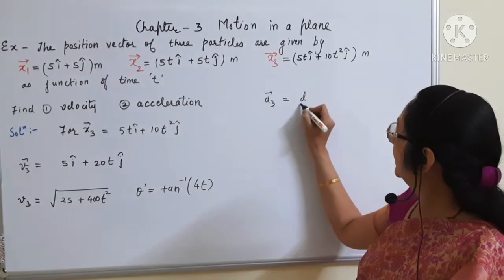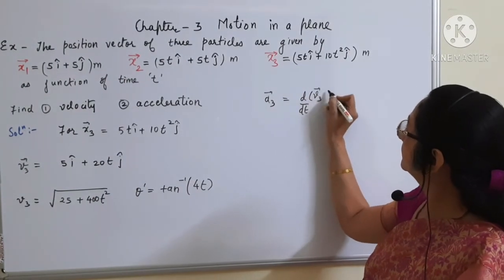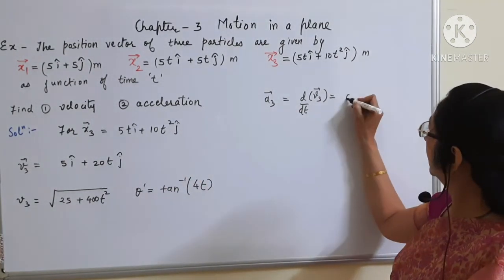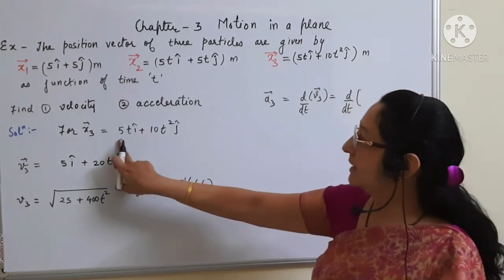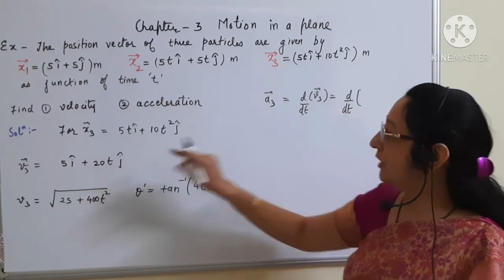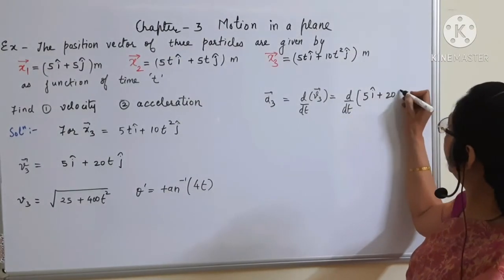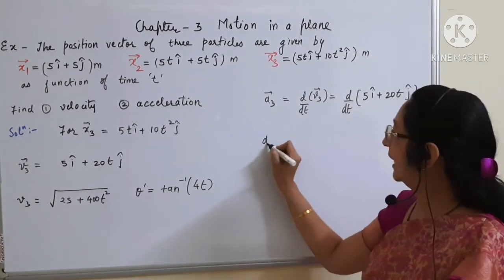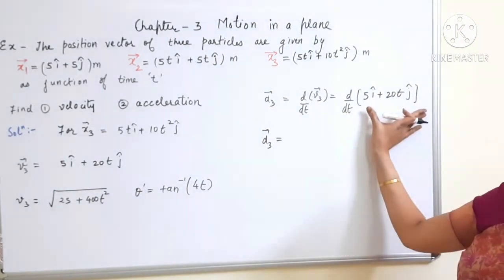So d dt of v3, velocity of the third particle. So d dt of v3 is 5i plus 20tj. So d dt of 5i plus 20tj. So a3 is equal to, now again here there are two terms.